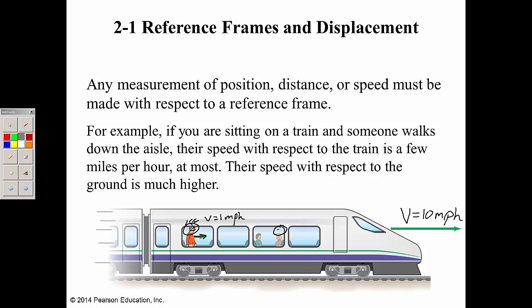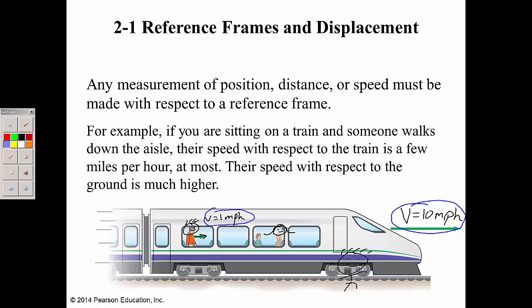If you're sitting over here on the train, you look at me coming towards the front of the train and you say, wow, that guy is coming towards me at 1 mile per hour. That is your reference frame. Now, if we have some fella out here on the platform, his reference frame is going to be very different. He's going to see not only me with my velocity traveling at 1 mile an hour, but he's also going to see the train traveling at 10 miles per hour.